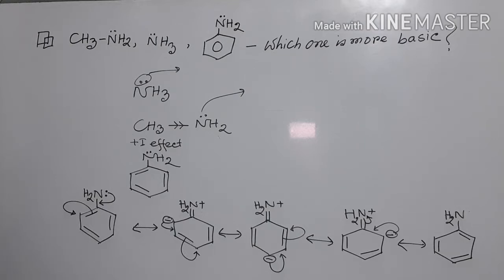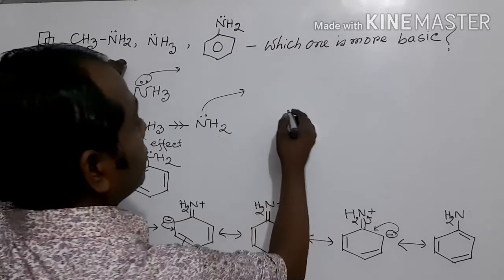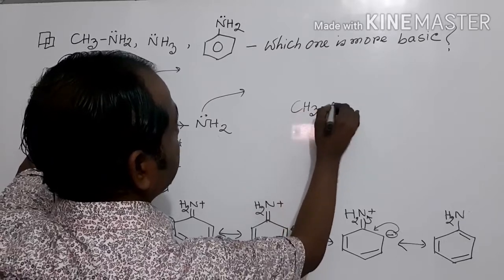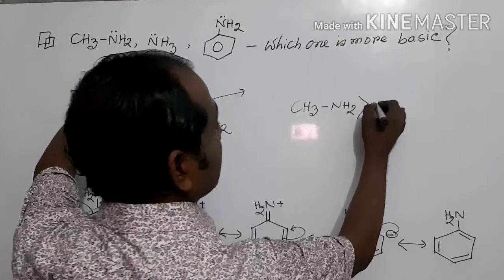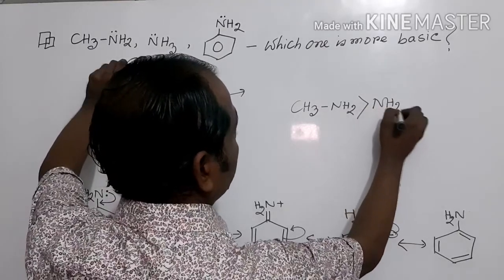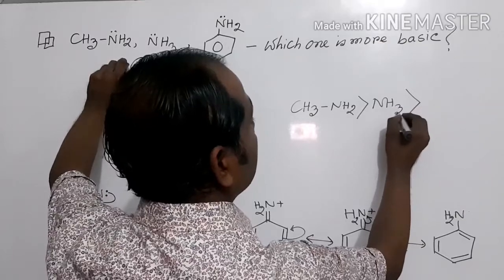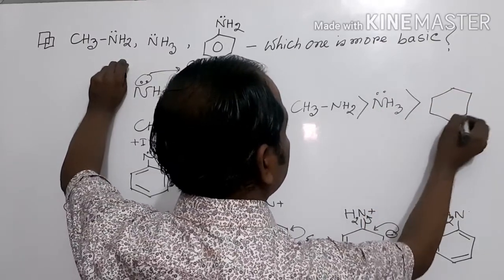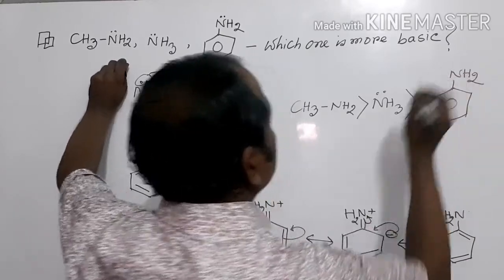So which one is more basic? According to our discussion, we can say that methylamine is more basic than ammonia, and ammonia is more basic than aniline.